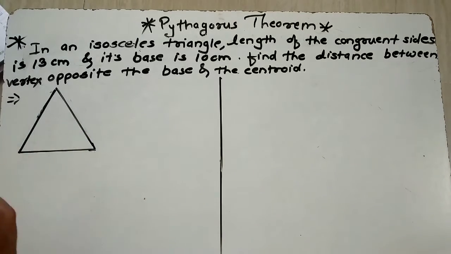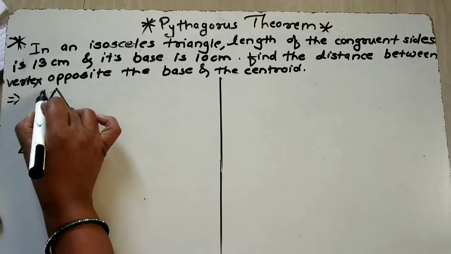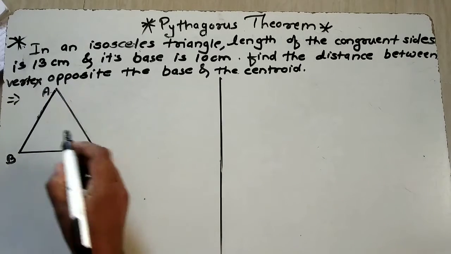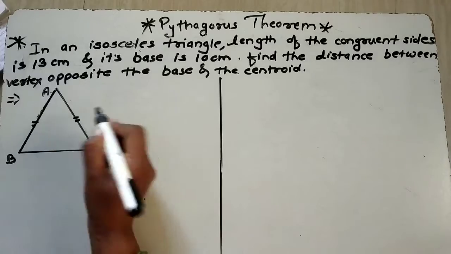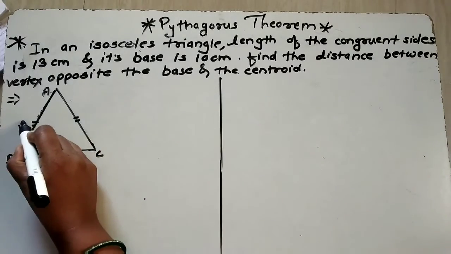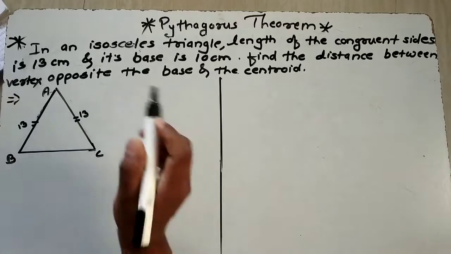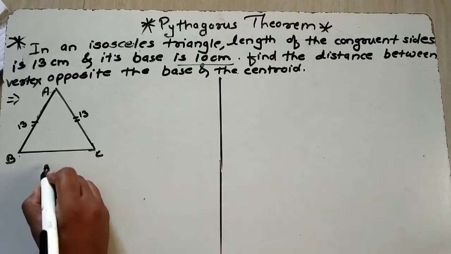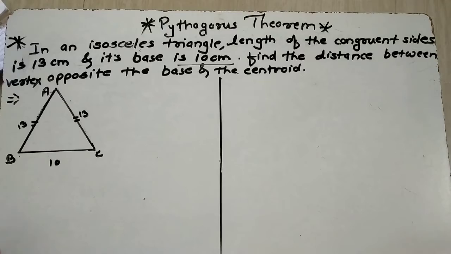We will name it ABC. Triangle ABC is an isosceles triangle, and AB and AC are the congruent sides, and their measure is 13. So AB is equal to 13 and AC is equal to 13, and its base is 10 cm. BC is the base and its measure is 10 cm.